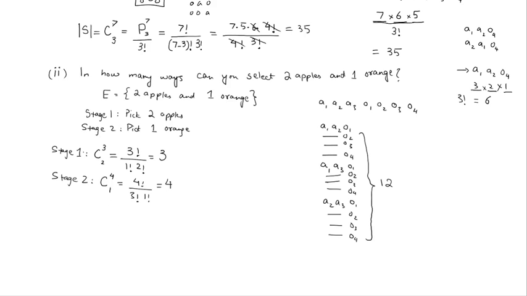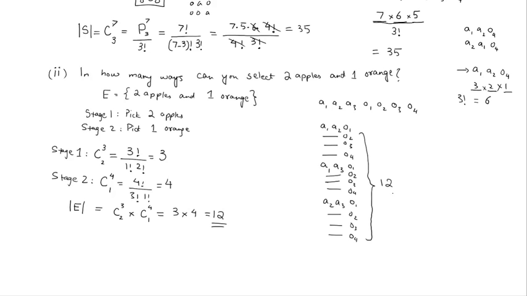And since this task is completed in stages, the size of the set E, the size of your event, the number of ways that you could have picked 2 apples and 1 orange should be equal to the number of ways that you could complete stage 1 multiplied by the number of ways that you could complete stage 2, which gives you 3 multiplied by 4, which is equal to 12.